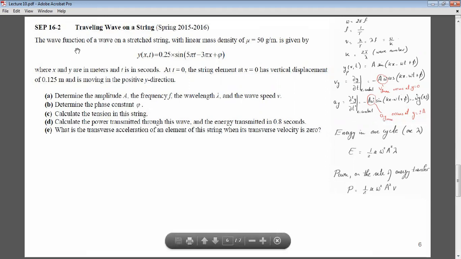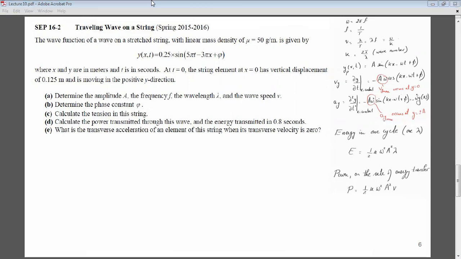The wave function of a wave on a stretched string with linear mass density mu equal to 50 grams per meter. Here you don't keep it as 50 grams per meter, so we convert 50 grams to kilograms by multiplying by 10 to the power minus 3, kilogram per meter.